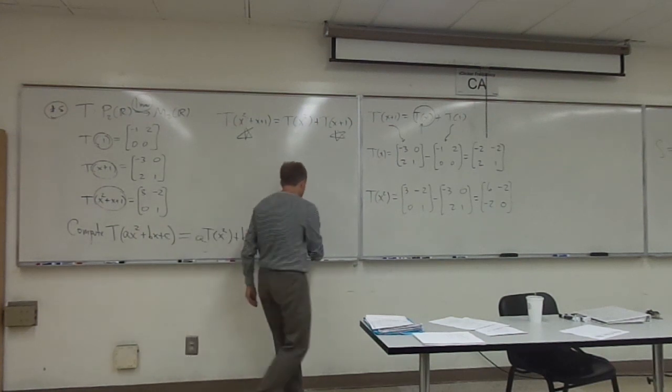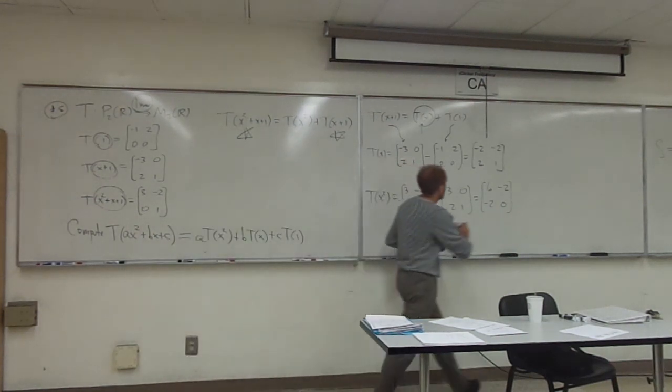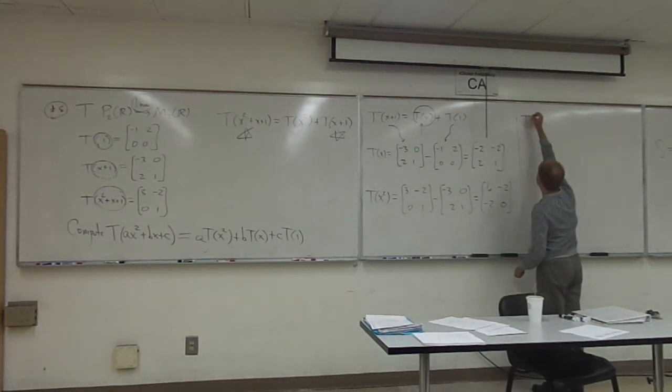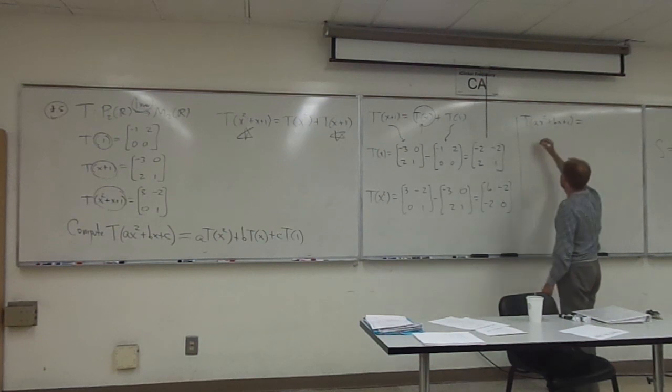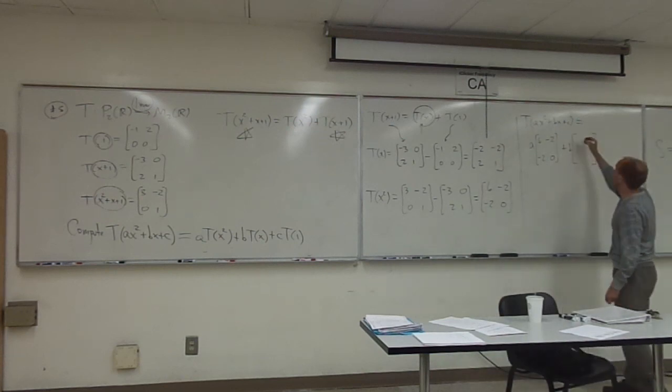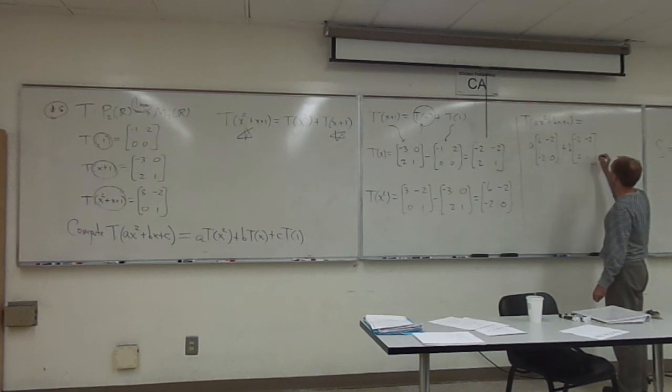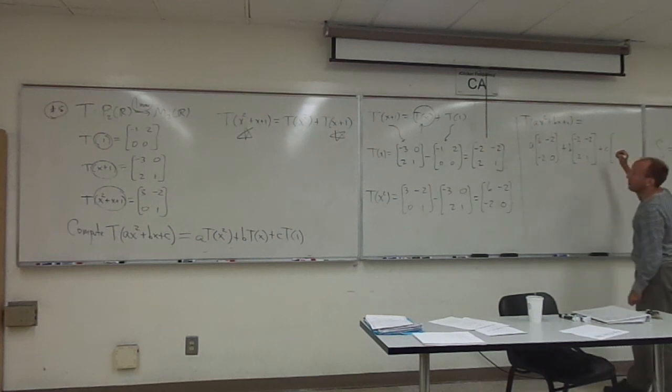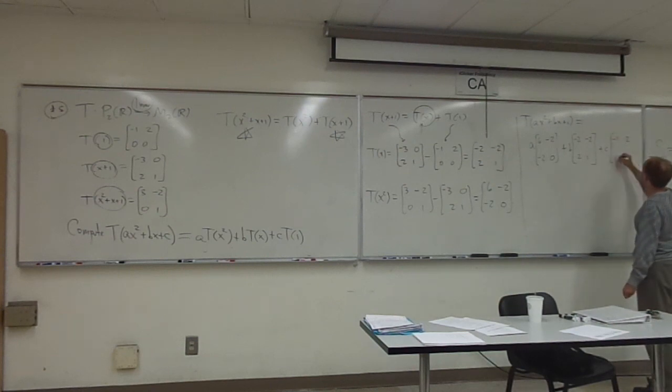So let me just put the answer over here. T of ax squared plus bx plus c is just a times the first matrix, 6, negative 2, negative 2, 0, plus b times the second matrix, which was negative 2, negative 2, 2, 1, plus c times the original value of T of 1, which was negative 1, 2, 0, 0.